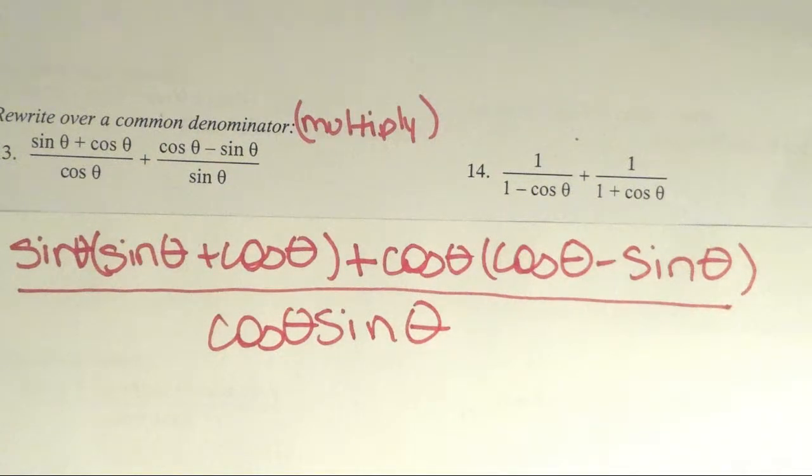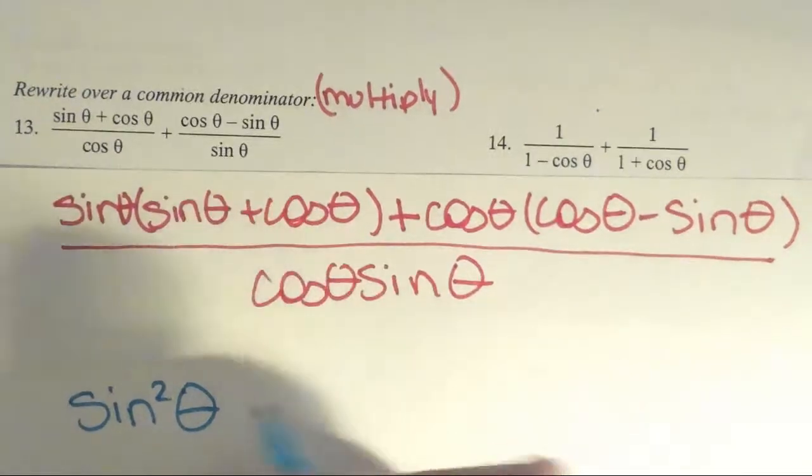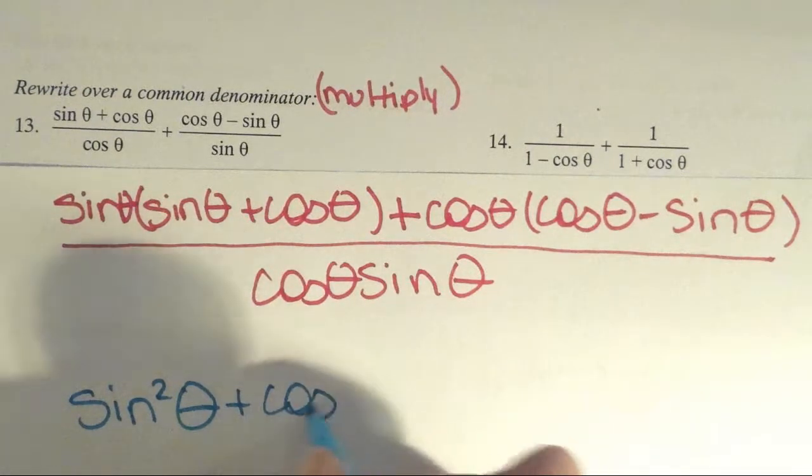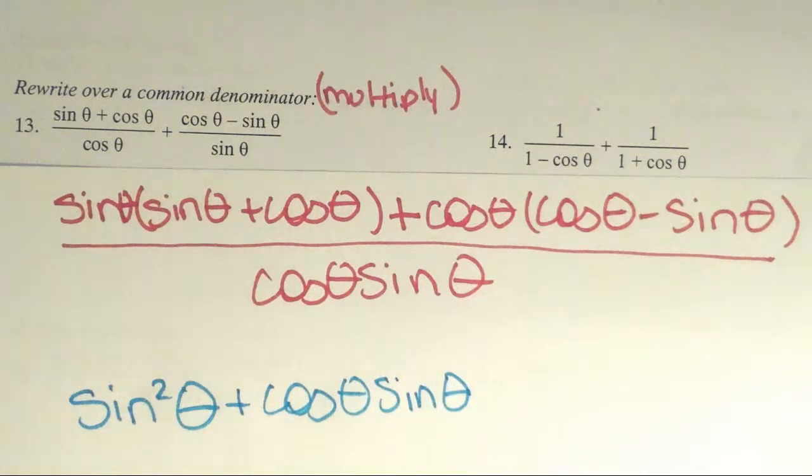Okay, so all I did was rewrite the problem. I haven't done the work yet. So I'm going to go multiply both of these terms by sine. Sine times sine is sine squared. Sine times cosine is cosine sine. And again, the order doesn't matter. If you want to write the sine first, that's fine.